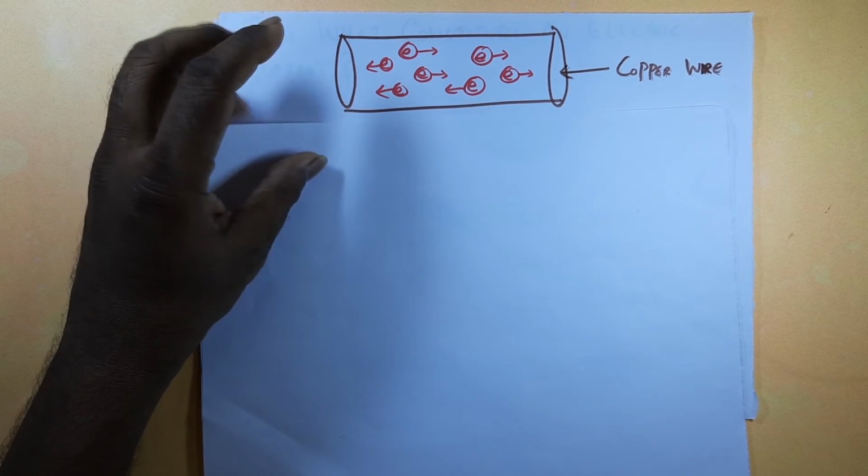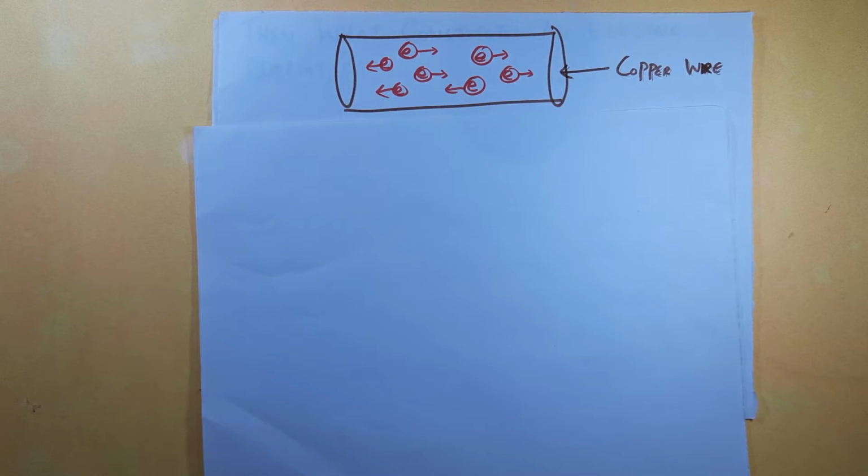So if you take a piece of copper wire, suppose you imagine you are able to see inside a piece of copper wire, you can see there are a large number of free electrons that will be moving inside the copper wire in random directions.